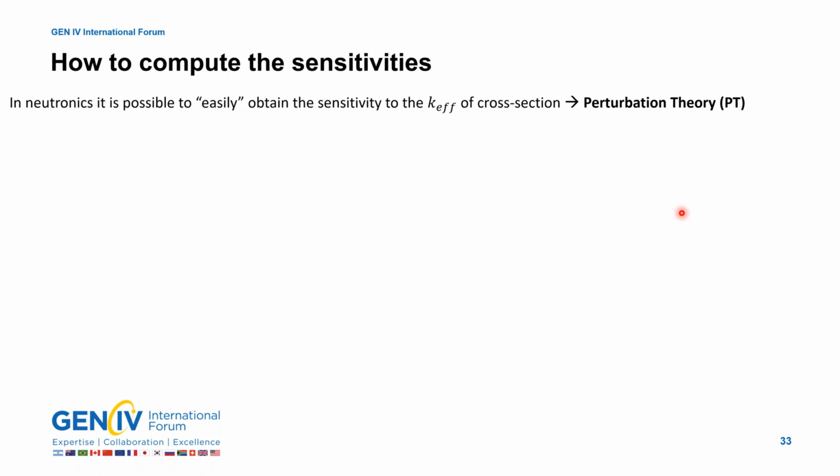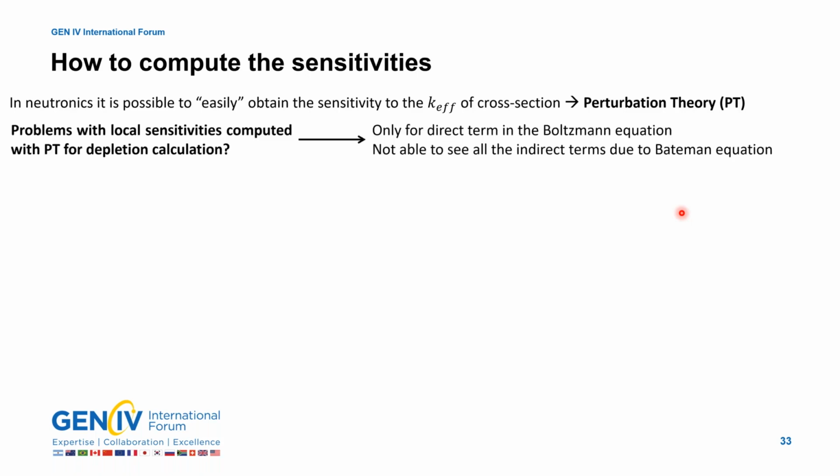But perturbation theory is not able to see what happens during fuel depletion, because it focuses only on the Boltzmann term, and as fuel depletion is a coupled problem between Boltzmann and Bateman, you will miss something if you ignore all the terms related to the Bateman equation.